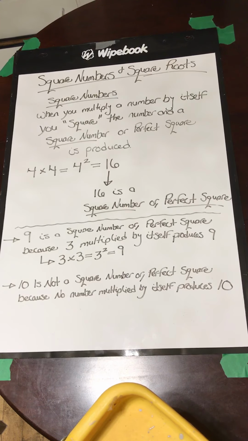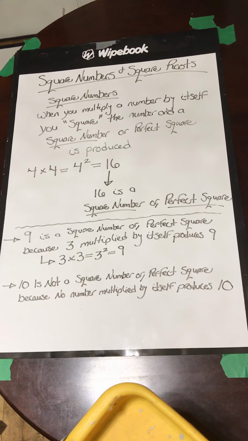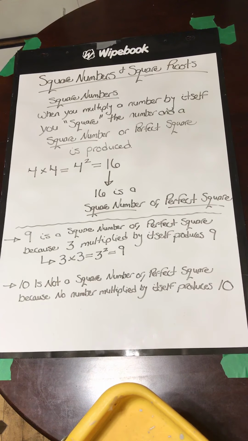So for example, 4 times 4 is equal to 4 squared, which is equal to 16. 16 is a square number or a perfect square. 9 is a square number or a perfect square because 3 multiplied by itself produces 9. 3 times 3 equals 3 squared, which is equal to 9. 10 is not a square number or a perfect square because no number multiplied by itself produces 10.